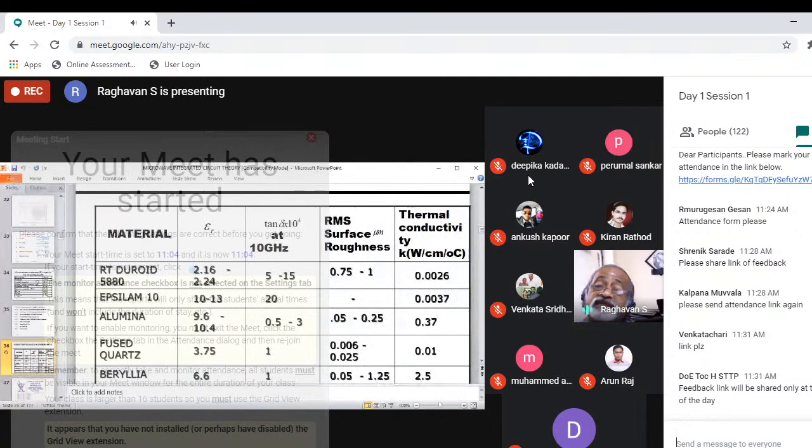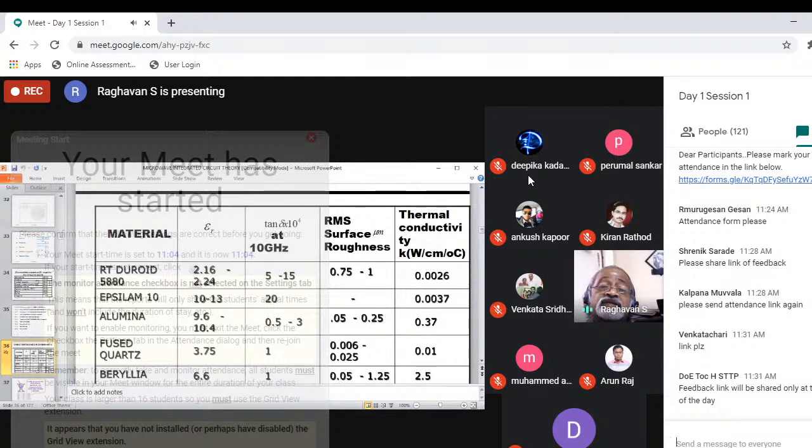And these are the substrate materials. Generally, the students go for FR4 for different reasons. But RT Duroid is very costly. You should know what the epsilon R is. And alumina has a higher value. Whereas gallium arsenide has some 15.6, likewise silicon.